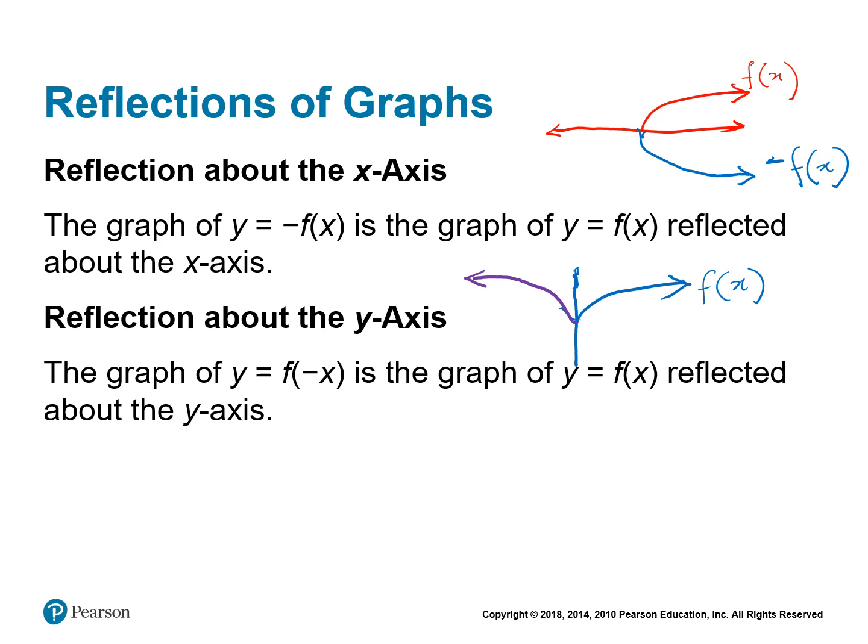And you see here, the graph of y equals f of negative x. So when a graph is reflected across the vertical y-axis, what has happened is all the x values were first made negative and then the y values were evaluated.